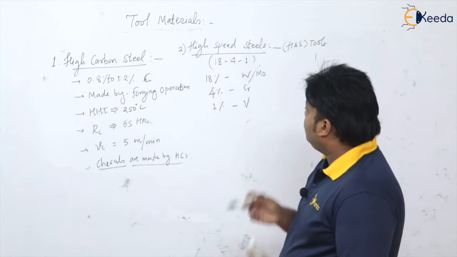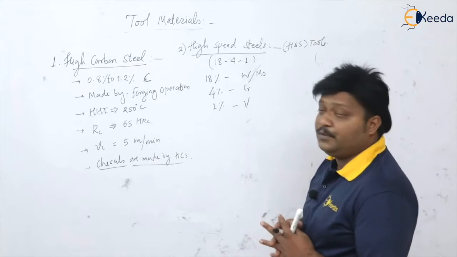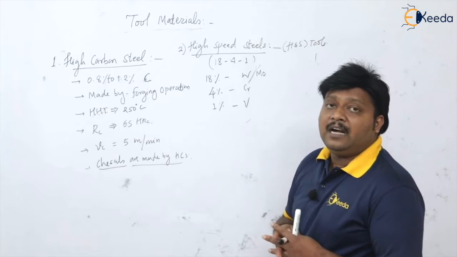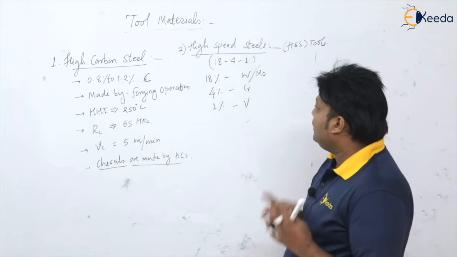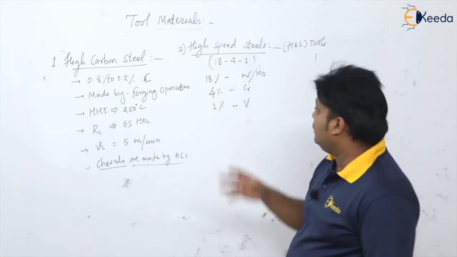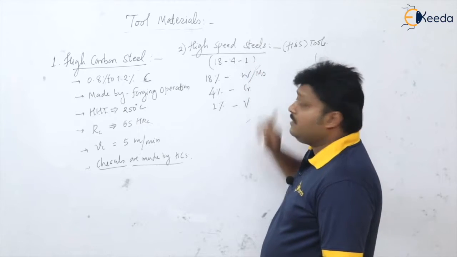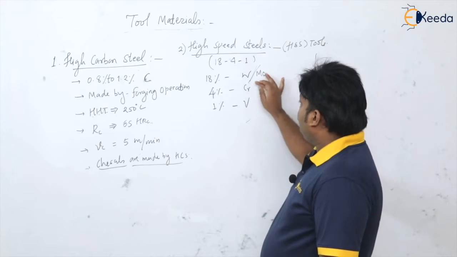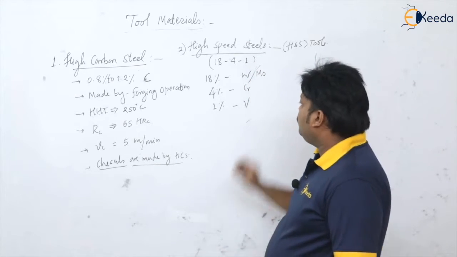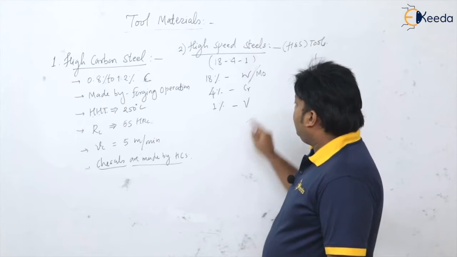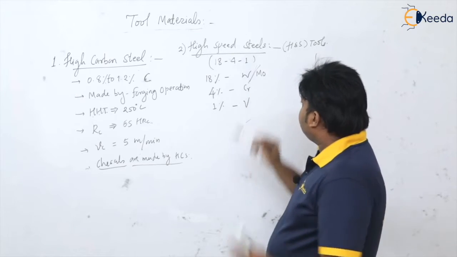The basic property tungsten gives is high temperature strength, that is the strength of the tool at elevated temperature. Of course, chromium gives wear resistance and also corrosion resistance, and vanadium along with this tungsten.